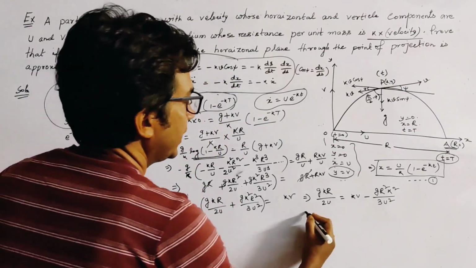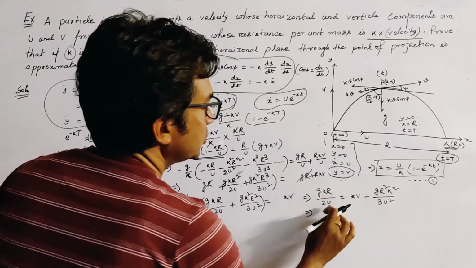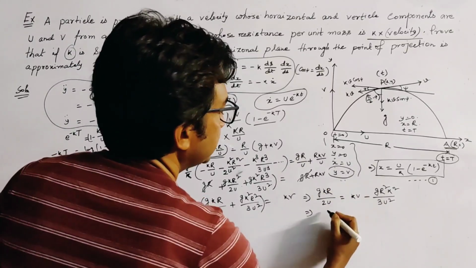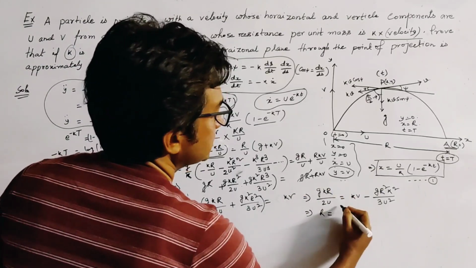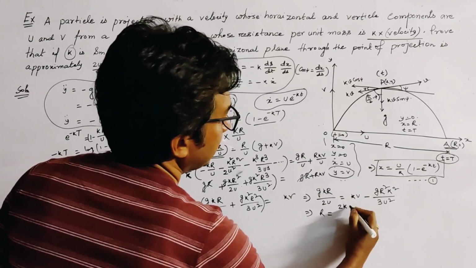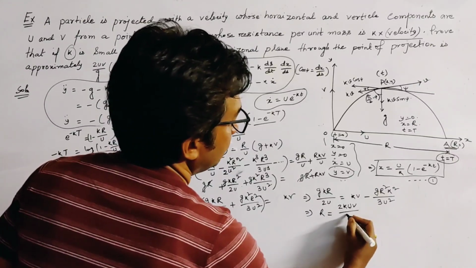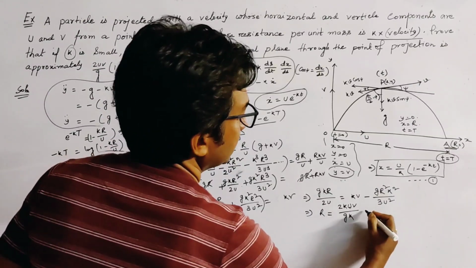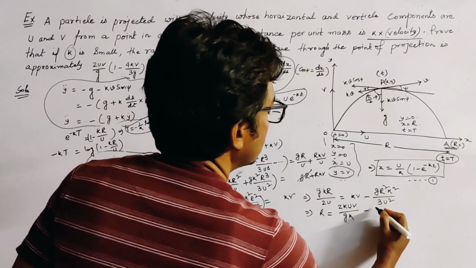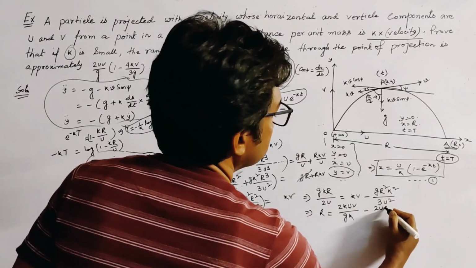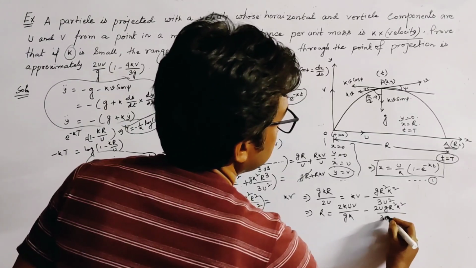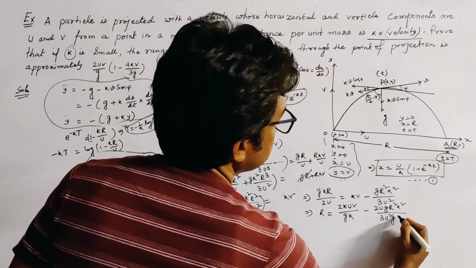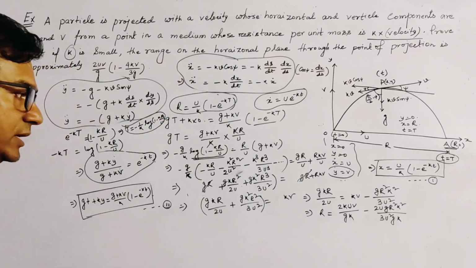Okay, and we multiply 2u on the right side and divide by gk, we get r equal to 2kuv by gk minus 2u g r square k square by 3u square into gk, right?